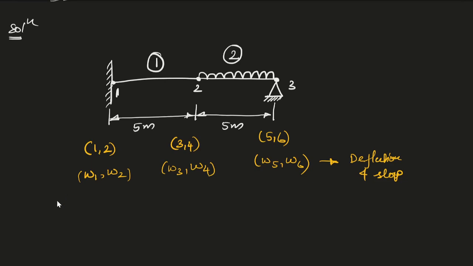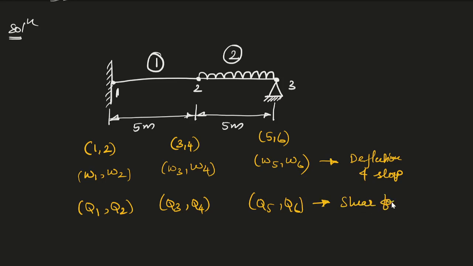In terms of forces, we'll have two forces. One is shear force. Here I'm just giving the notation as Q1 and Q2. So we have a shear force and bending moment. So this could be Q3, Q4, Q5, Q6. The Q terms represent shear force and bending moments.